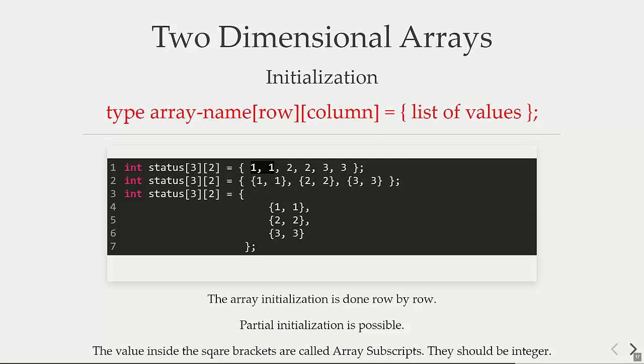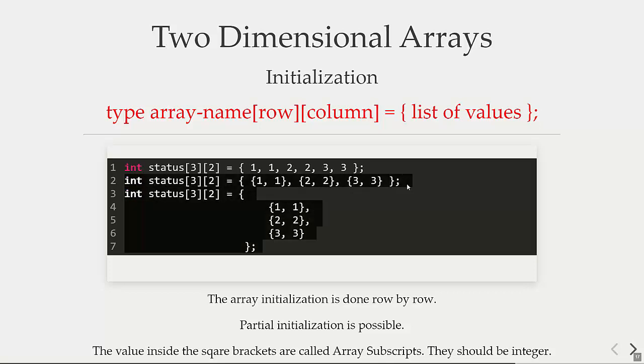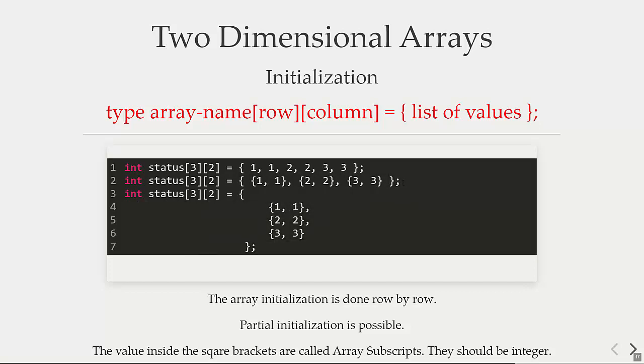Now here we are not clear as to how it is being entered, although we know how this works, so we definitely know that it is entered row by row. But the second syntax is much clearer in terms of how the values are entered.